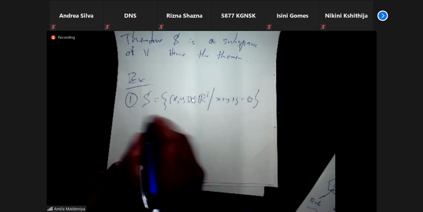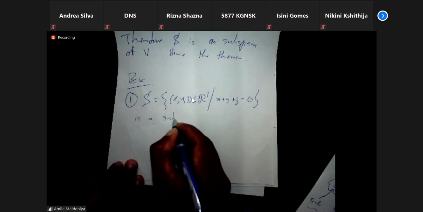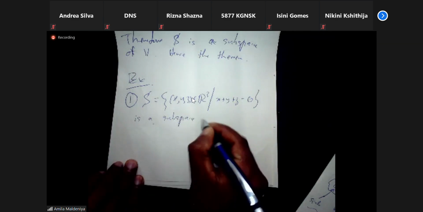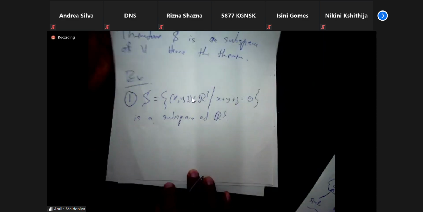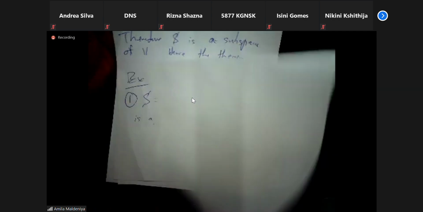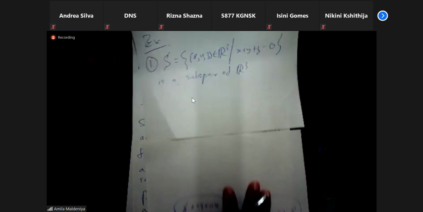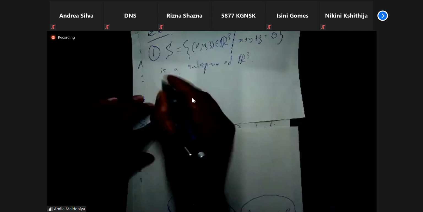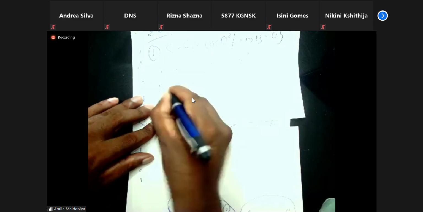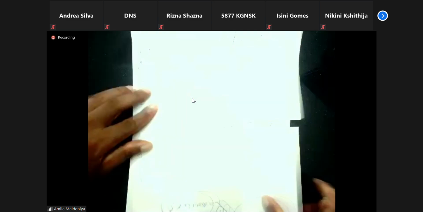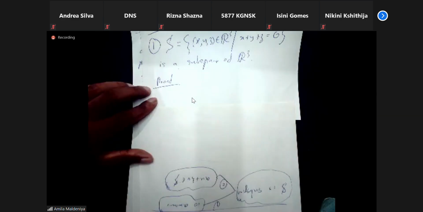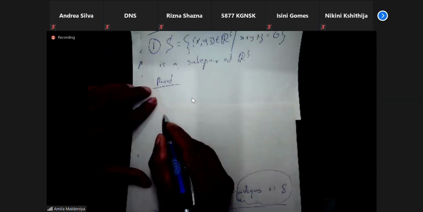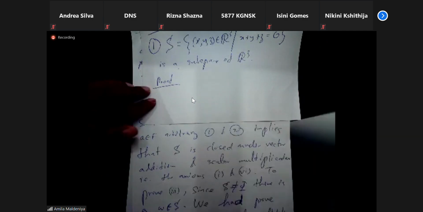We want to prove S is a subspace of R3. In order to prove this, remember, it's very important, let's prove this one. Before that, now this is something like what?